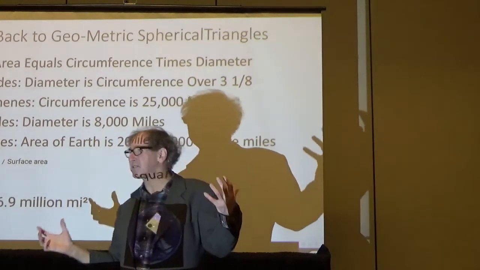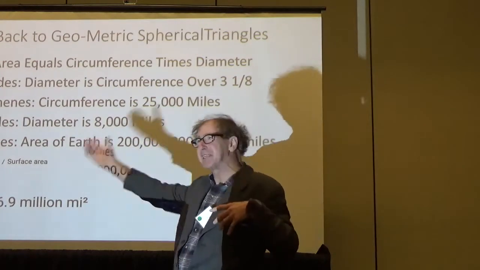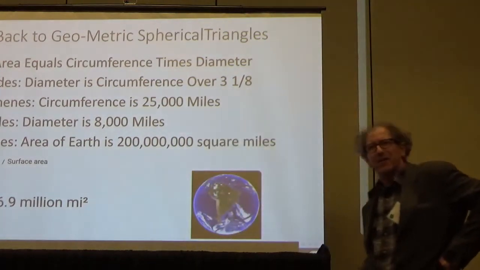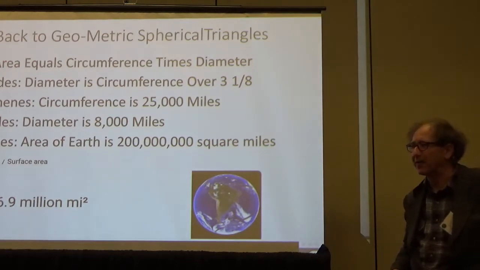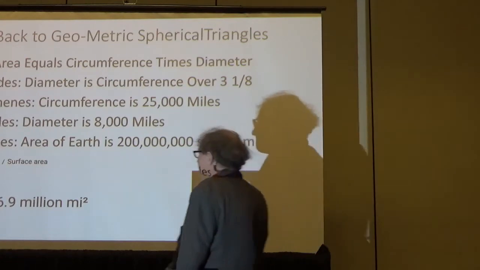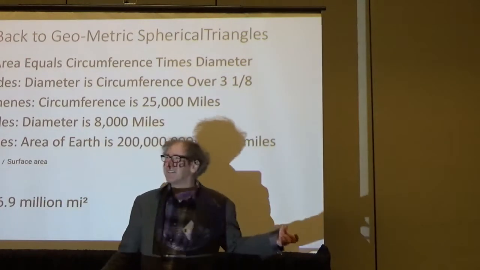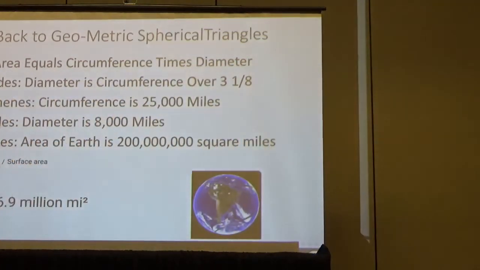And since Archimedes was working in miles, he could say in his head 25,000 times 8,000 and say the area of the Earth is 200 million square miles. Isn't it nice that Archimedes was using miles? Go to Google Earth, 197, within 2%. I think it was sort of amazing, because I said, wait, is this anachronistic?